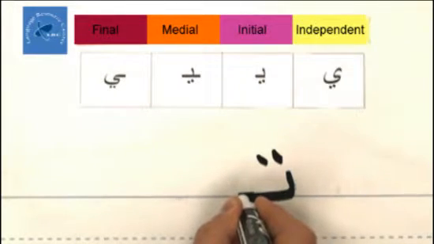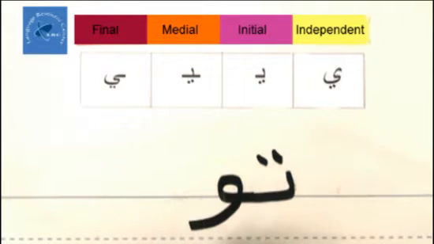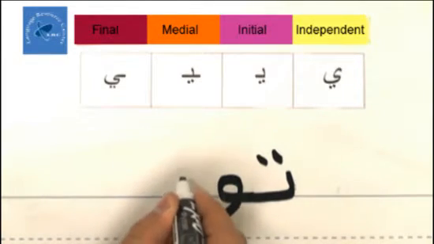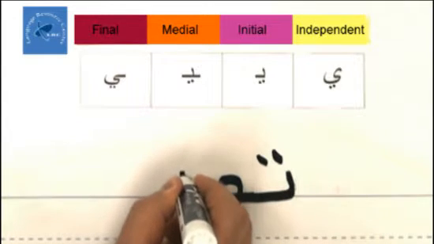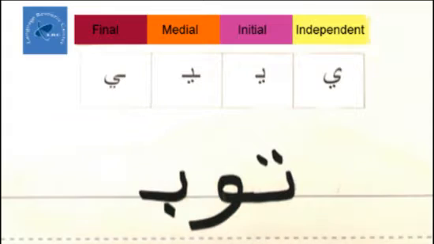So we pull a small tail, a circle, and we go down. To be. So there's ba after oo, and oo does not connect to the letter after it. So we have to put ba in its initial position. To be. So we need ba, tooth, tail, 1 dot under.